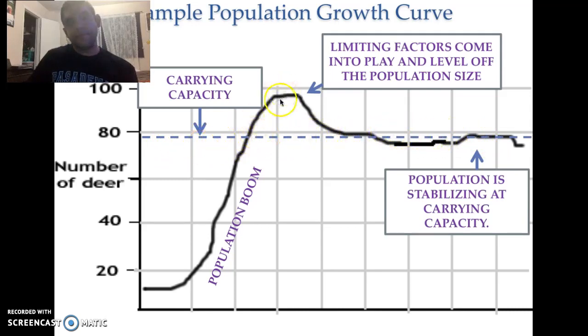After that, at some point it reached here, but it keeps going down because it can no longer sustain. Then limiting factors obviously are going to come into play when this happens. This sometimes we call a population boom, whenever you see that increase in the size of a population. And obviously the population is all going to be stabilized once it reaches that carrying capacity.